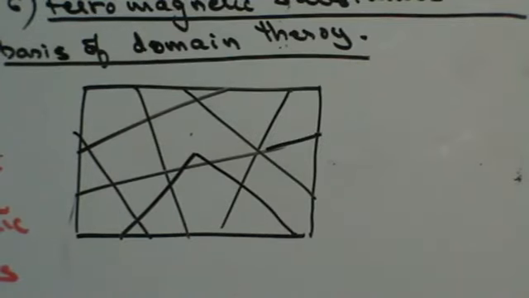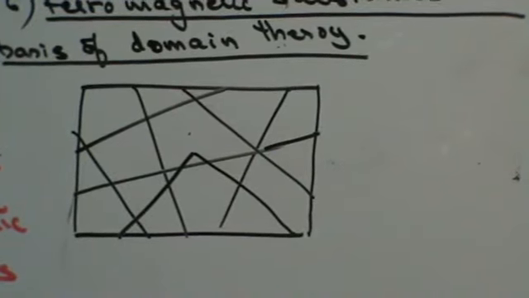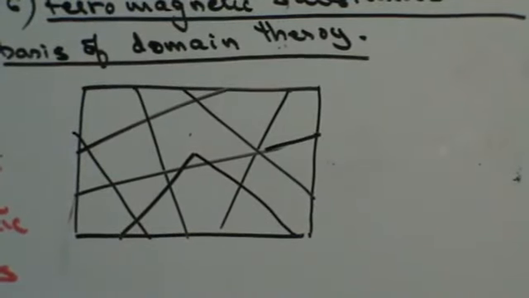The domains are formed due to a quantum mechanical effect called exchange interaction. You have electrons that move from one orbital to another orbital, that would lead to the formation, right? Due to the interaction of unpaired electrons in one atom strongly with an unpaired electron in the neighboring atom, they would spontaneously align themselves in a common direction over a small region. So this alignment of the electrons in a common direction in a small volume is called a domain.